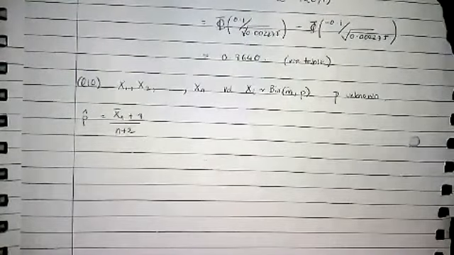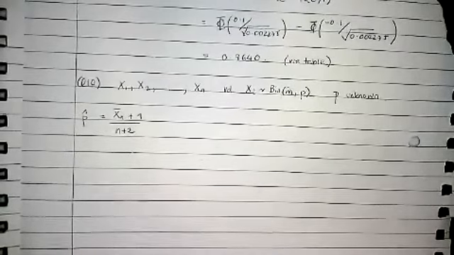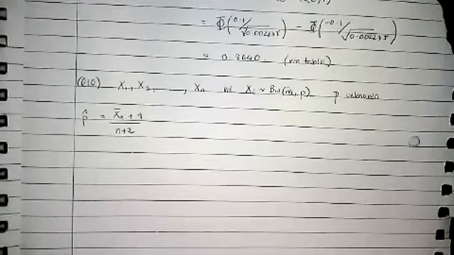The first part of the question is to find the bias and discuss what happens when n tends to infinity, and also to find the variance and discuss what happens when n tends to infinity.